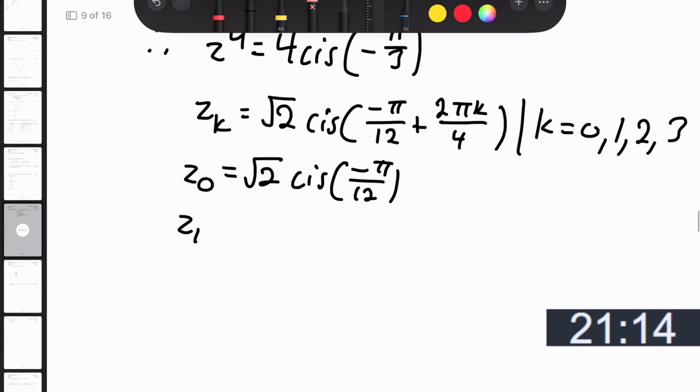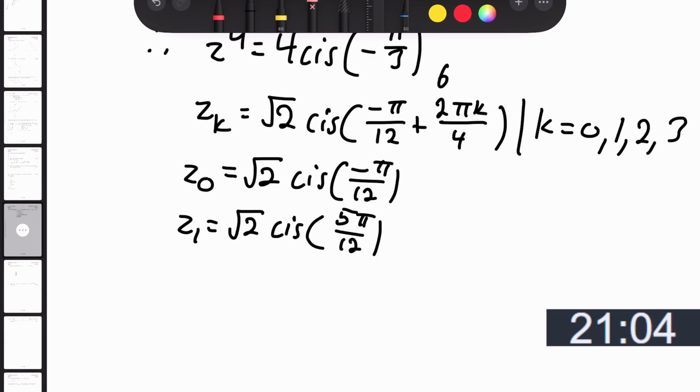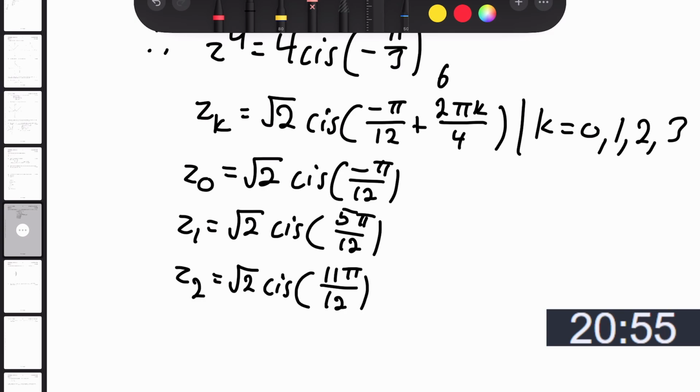z1 is going to be square root of 2 cis of negative pi. If I multiply this by 3, I get 6, so it's going to be 5 pi on 12. So then z2 is going to equal square root of 2 cis of, so this would be 11 pi on 12.